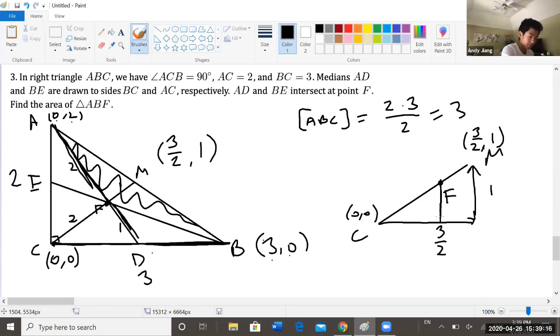And then since this length is 2/3 of CM, I can multiply all these values by 2/3. So this becomes 2/3 times 3 halves, which is 1. And then this length becomes 2/3 times 1, which is 2/3. So what does that mean?